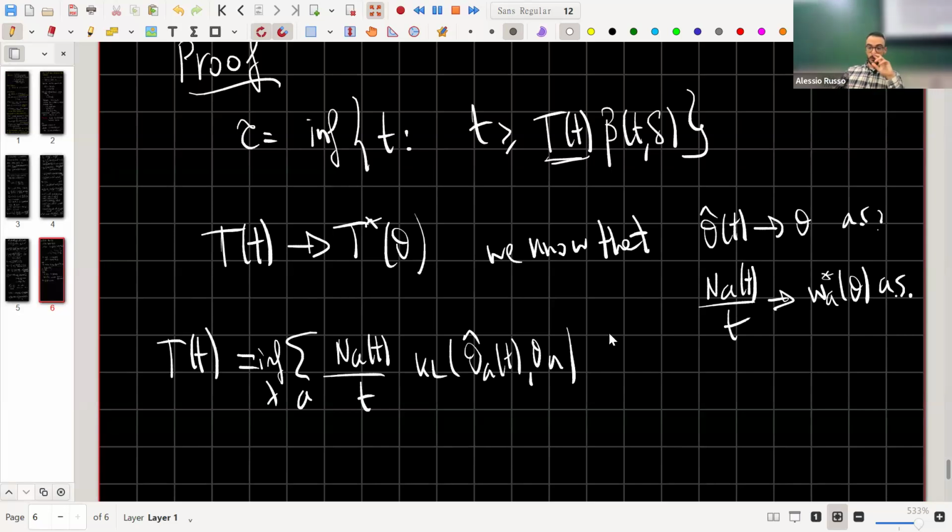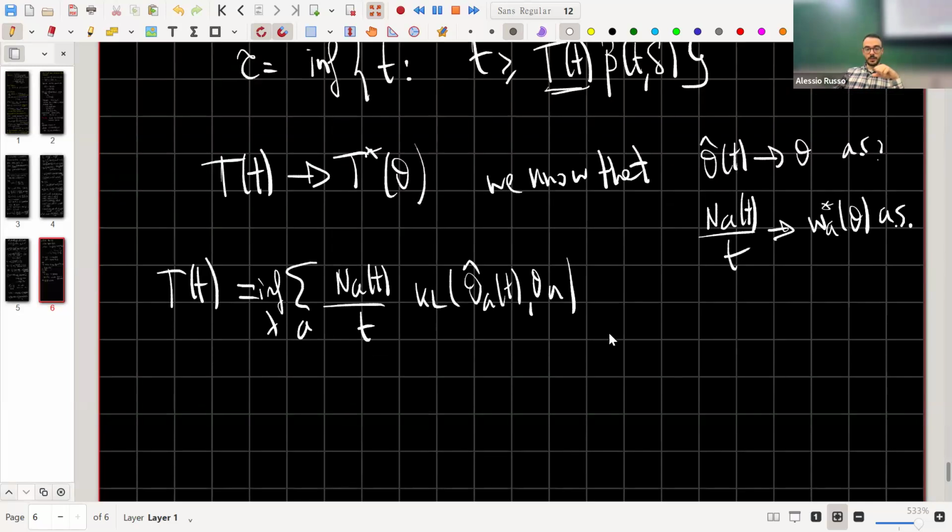Because all these quantities converge, theta_t converges to theta and the average sampling converges to the optimal sampling, by continuity the empirical characteristic time also converges to T*(theta).